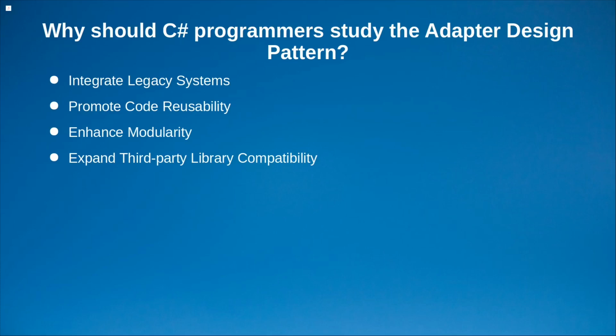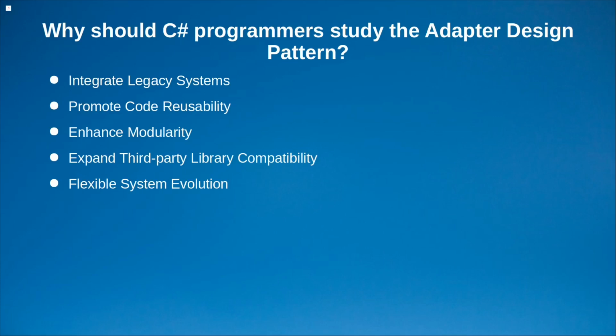Expand third-party libraries compatibility. Often, third-party libraries or components come with their own interface that might not fit seamlessly into your application. Adapters can be used to mold these components into shapes that fit your system's requirements. Flexible system evolution. As systems evolve, newer interfaces or ways of doing things emerge.